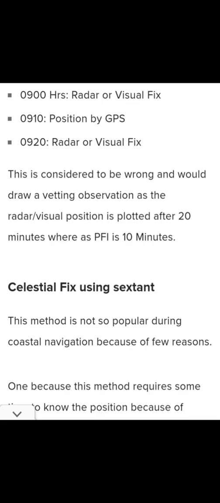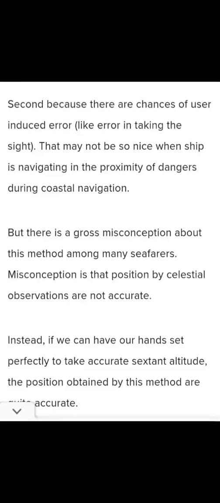Celestial fix using sextant. The method is not so popular during coastal navigation because of a few reasons. Second, because there are chances of user induced error, like error in taking the sight, that may not be so nice when the ship is navigating in proximity of danger during coastal navigation.